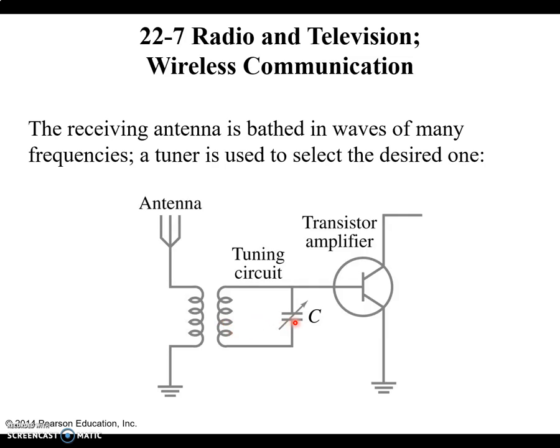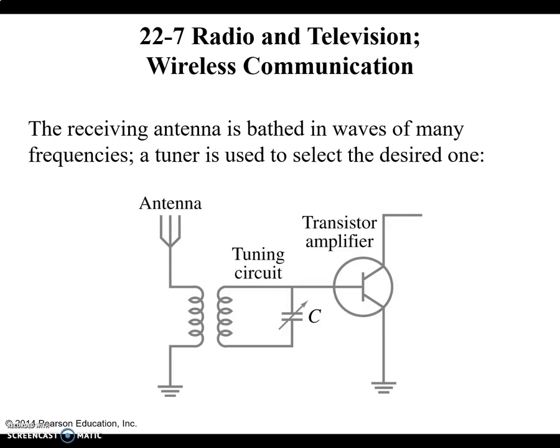If you want to listen to 95.7, then this is set so that it will only oscillate at the frequency that 95.7 has. So it picks up the FM radio band at 95.7 megahertz.